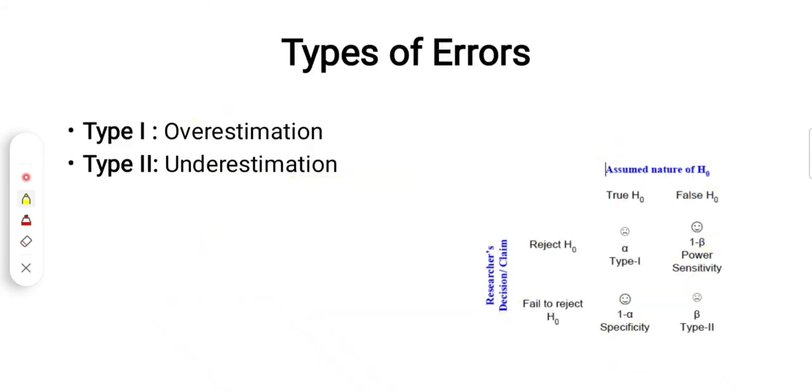Now we'll go for types of error. There are two types of error, type 1 and type 2. Let's see this scenario. Here it's given the nature of the null hypothesis, and here what the researchers claim or decide. For example, assume the research is true.